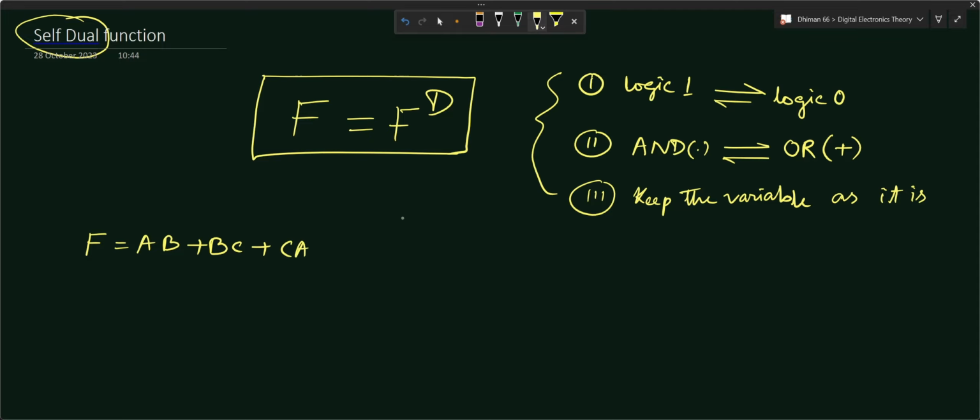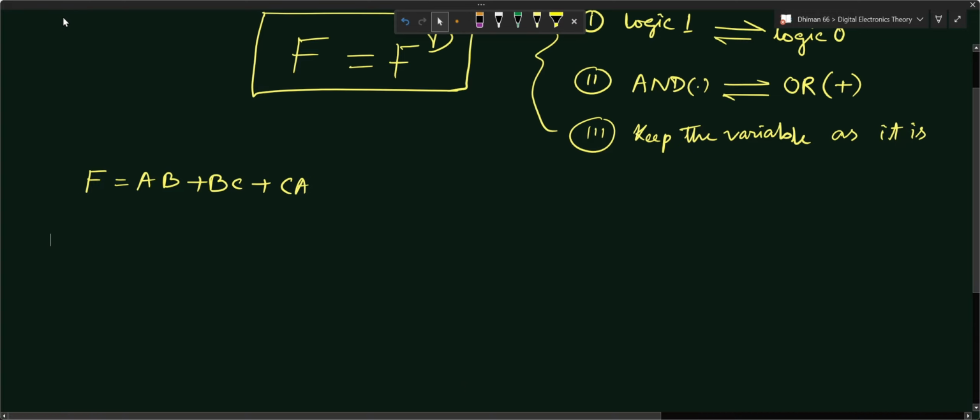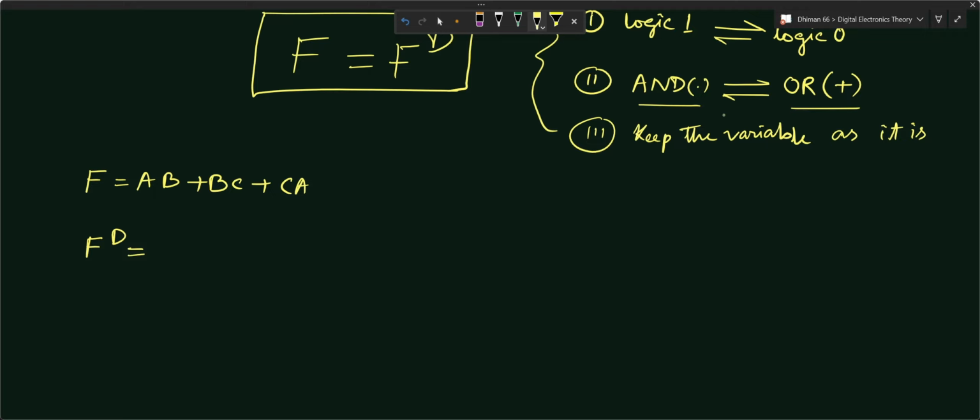Now if we find out the dual of this given function one time, and if we find the same function after finding out the dual, then this given function is called a self-dual function. Let us find out the dual. We have to use the steps. So Fd means it is the dual of the given function. We have to replace all the AND operations with OR operations.